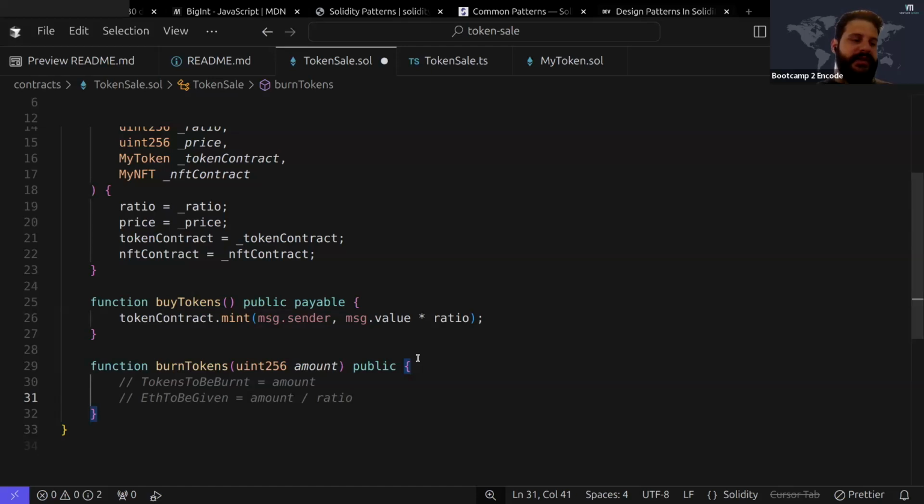Everything is going to be additions, subtractions, and multiplications, which are much safer. But here we can use the ratio just to show the problem. And then when you do the exercise at home with the NFT, you can experiment with the price.